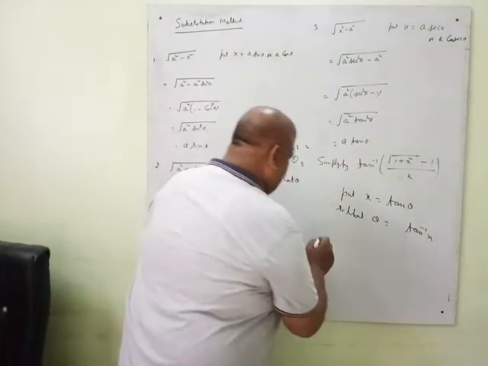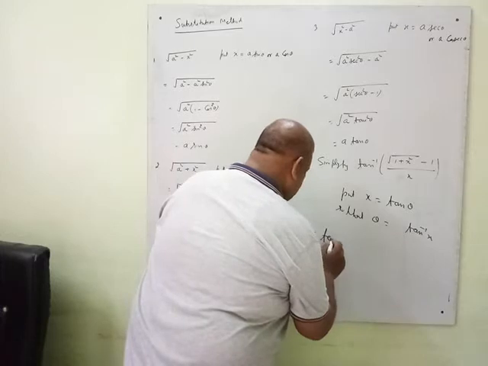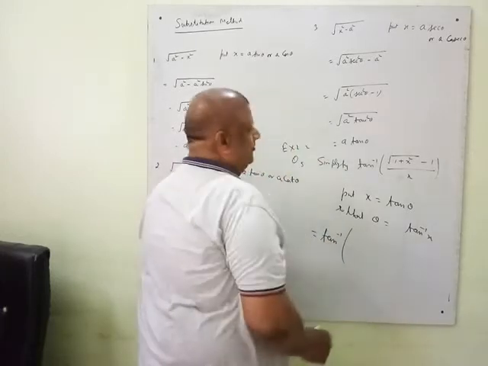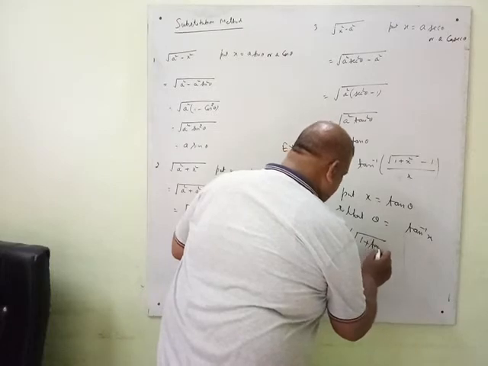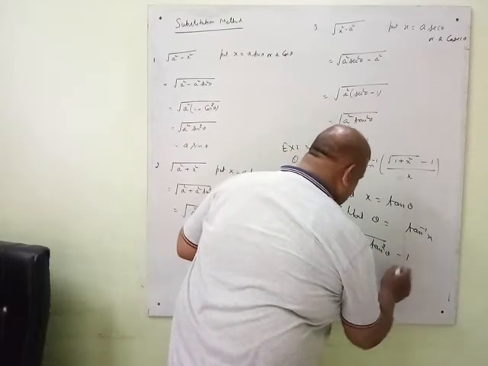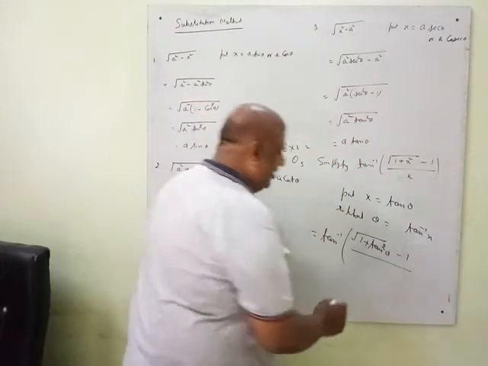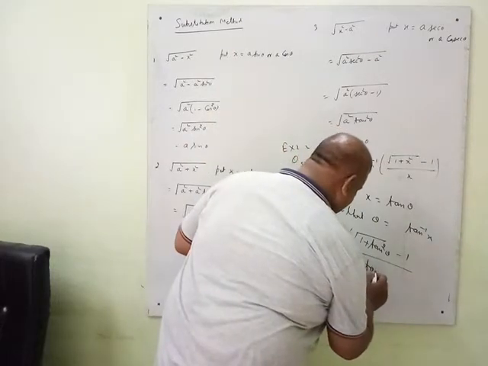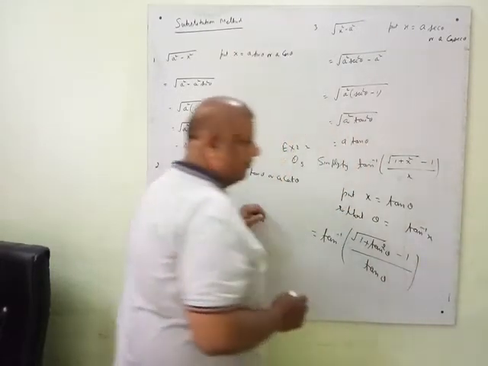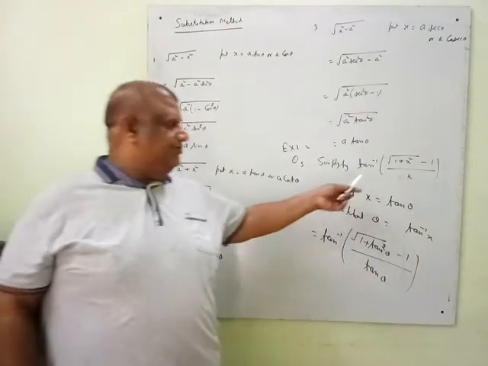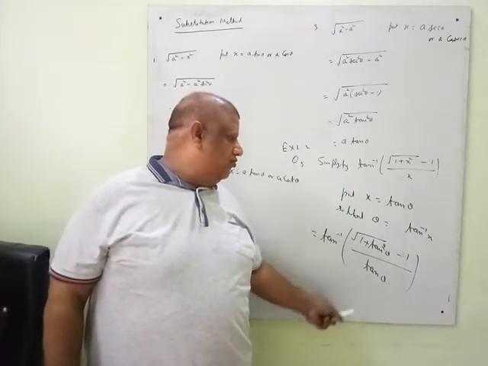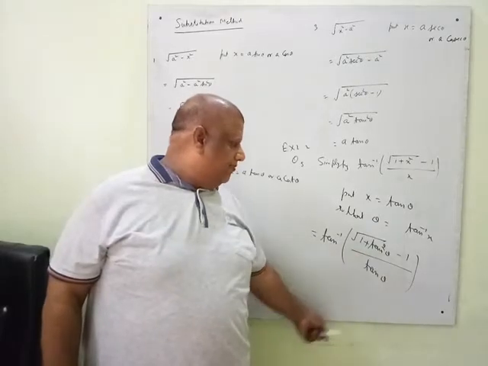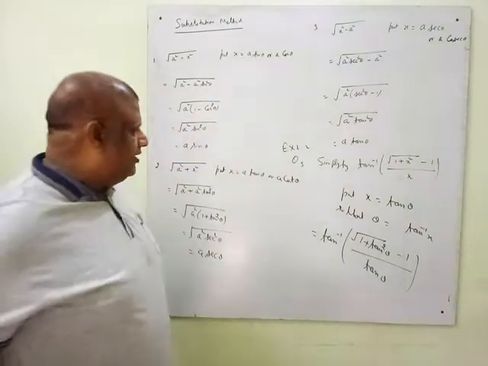When you put this in, it will become tan inverse of under root of 1 plus tan square theta minus 1 upon tan theta. In the given expression, we are putting x equal to tan theta: tan inverse of under root of 1 plus tan square theta minus 1 upon tan theta.